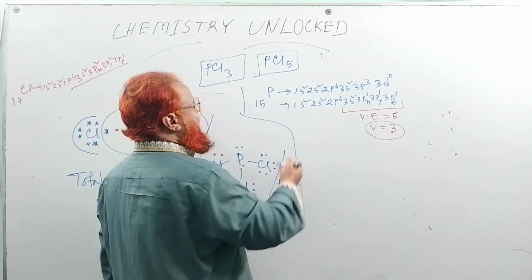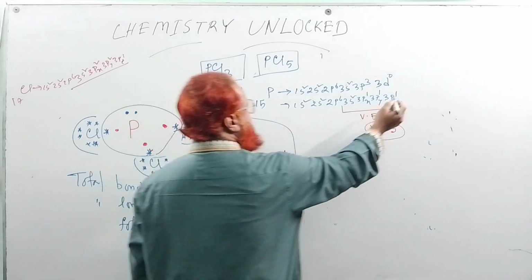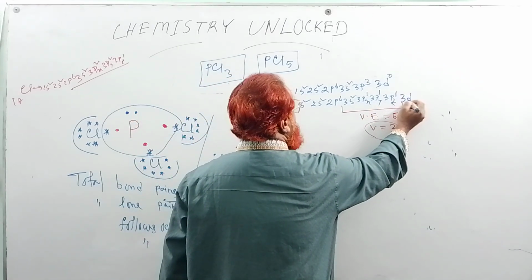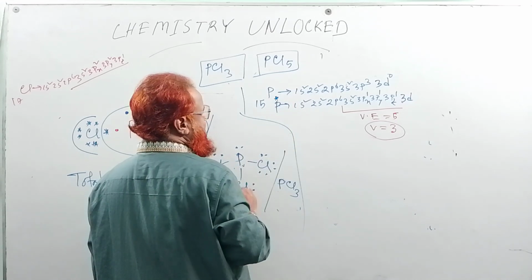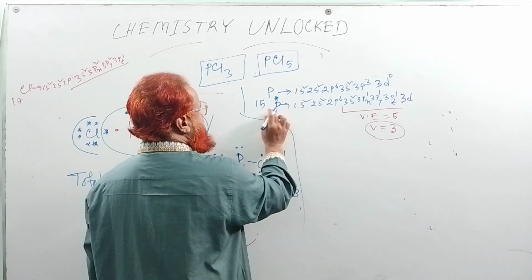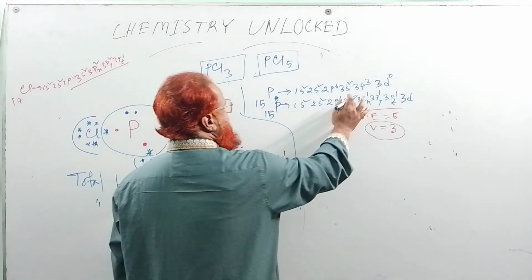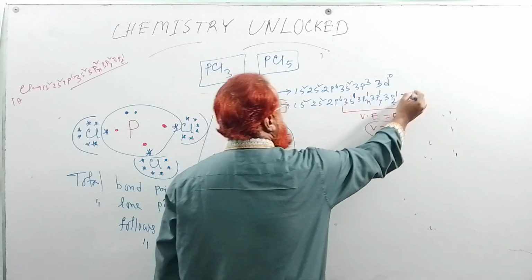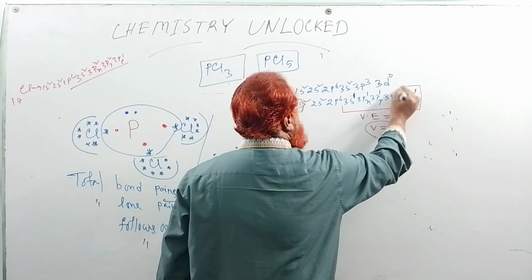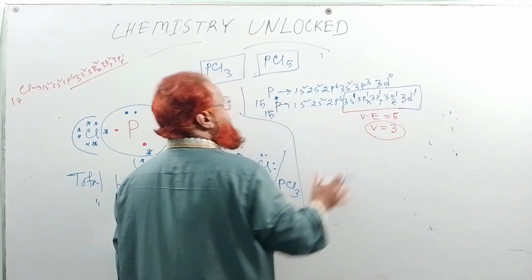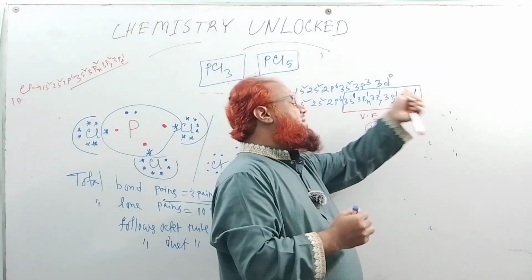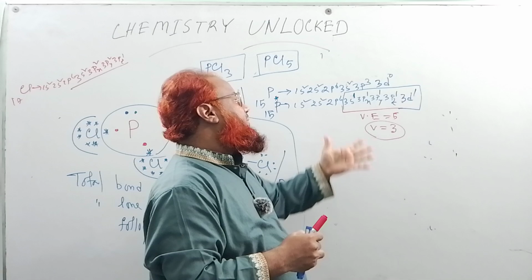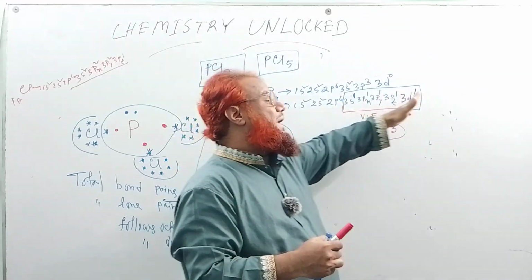Okay. Now in the excited condition, one electron will jump from the 3s orbital to the 3d orbital. That means in the valency shell, if any empty orbital is present, then an electron can jump from a paired orbital to the empty orbital.